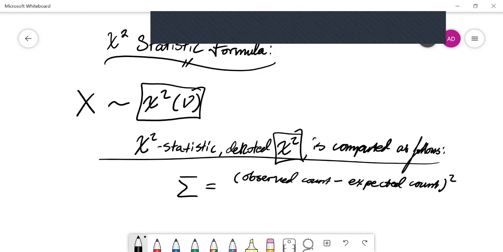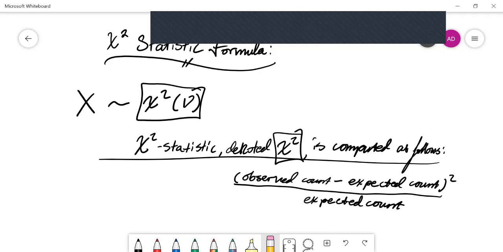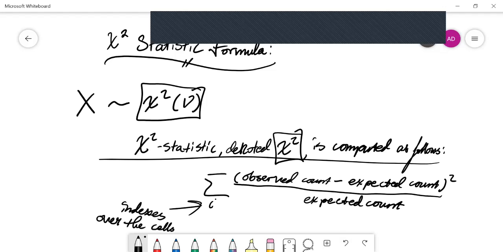And note that because this is squared, you could do expected count minus observed count, over your expected count. Oh, and I wrote a summation equals, but you all, being astute students, knew that that was erroneous, and it's actually just this sigma over i, where i indexes over the cells.